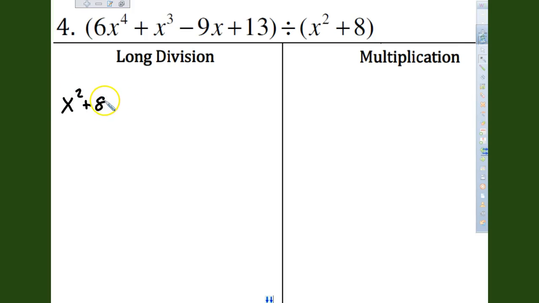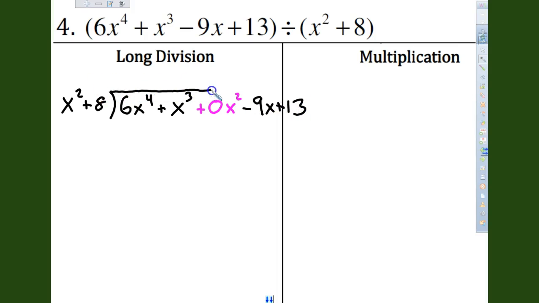You could put a 0x plus 8, but most will find it unnecessary. But definitely for the dividend here, go ahead and do the same thing we did on the last one and put in a placeholder of 0x squared. So in other words, no matter what the situation, you only need to really fix the dividend by putting in a filler as needed.